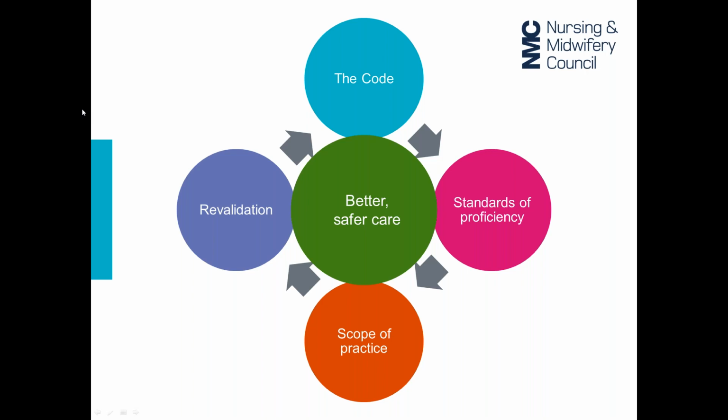So if there is a deficit in learning, and forgive me if I've got this wrong, if this individual wants to move within primary and community care, or if they're already in primary and community care, we can look at two different examples.